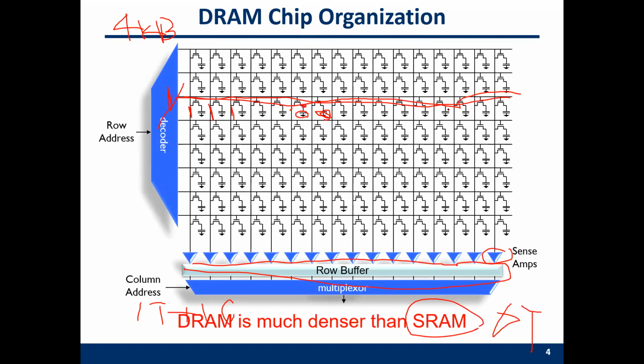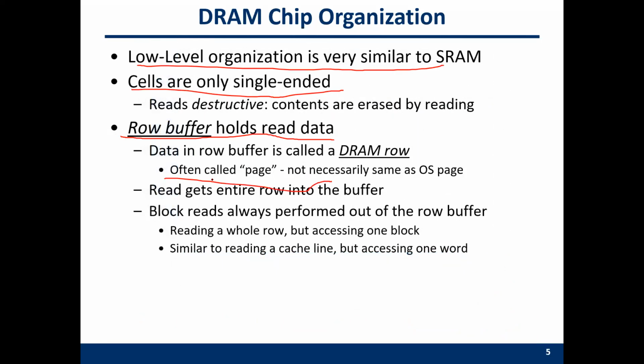You can easily form a 4 kilobyte row from multiple DRAM rows. Now, one DRAM row is not equivalent to this page concept, but traditionally they are the same. So now they are not necessarily the same.